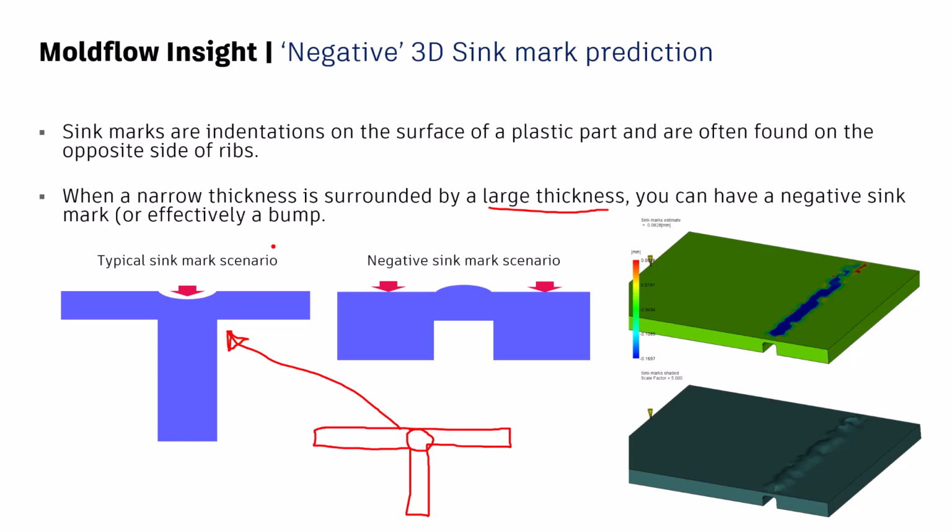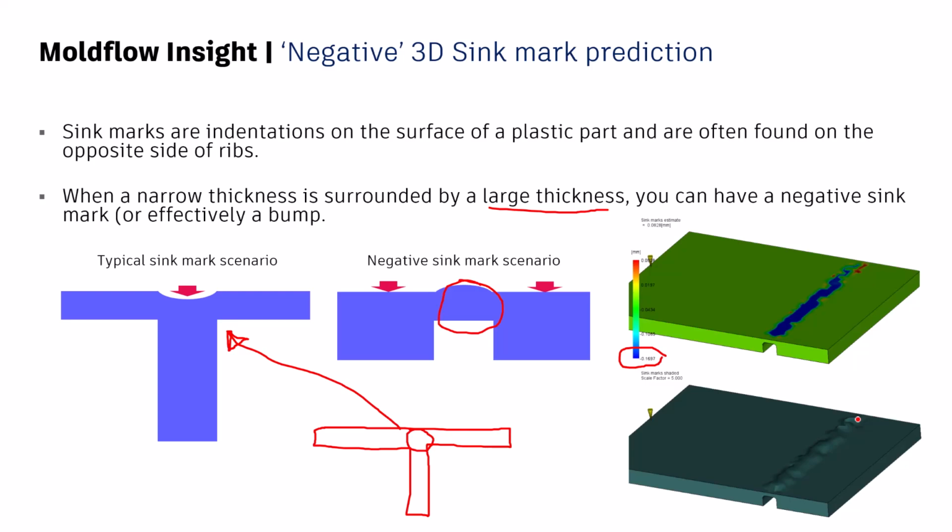So if you have a component or geometry that resembles this, where the adjacent walls are thick and there is a narrow section, you can now simulate it as a negative sink mark, where the value goes below 0. That's what we call a negative sink mark, and you would be able to see the impact of that as well.